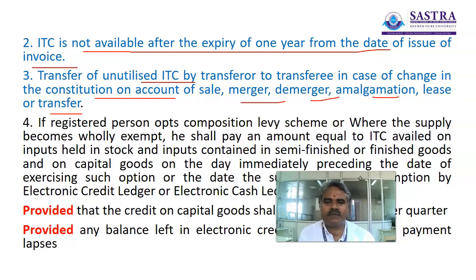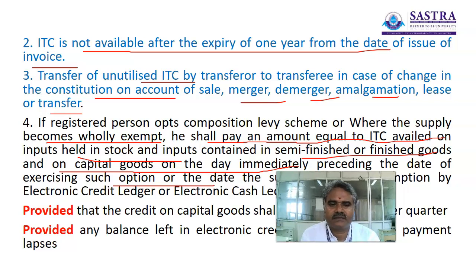If a registered person opts for composition levy, or where the supply becomes wholly exempt, he shall pay an amount equal to the ITC on input held in stock, input contained in semi-finished goods, on the day immediately preceding the date that is eligible.